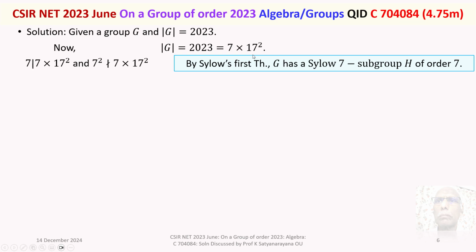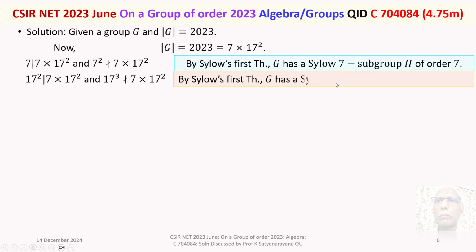Go to 17 now. 17 square divides 7 into 17 square and 17 cube does not divide 7 into 17 square. Again, by Sylow's first theorem, G has a Sylow 17 subgroup, capital K, of order 17 square. Agreed.